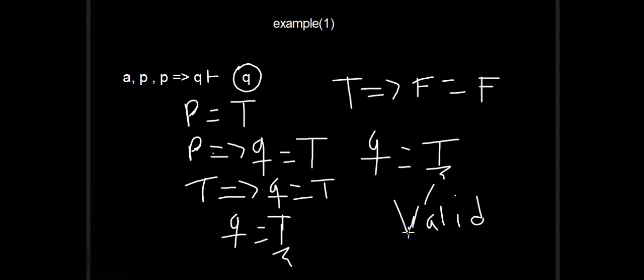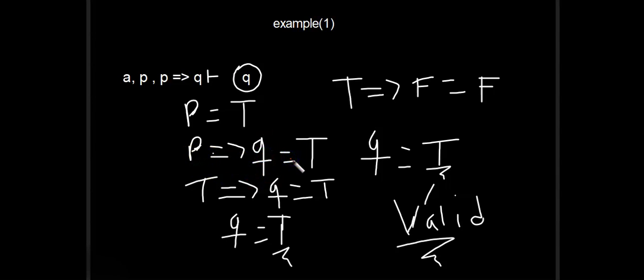So this is the quick way to know if the argument is valid or not. The first thing you have to do is see if you can use the principle or not. After that, set P equals true, and then use this implication, or the second principle.